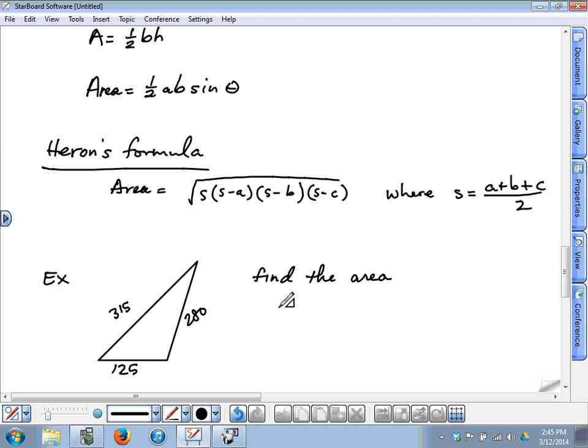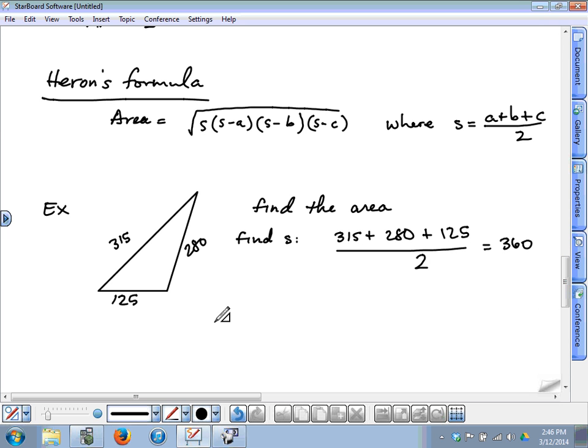One way to do this is using Heron's formula. First find S, so that would be 315 plus 280 plus 125, divided by 2. That turns out to be 360.